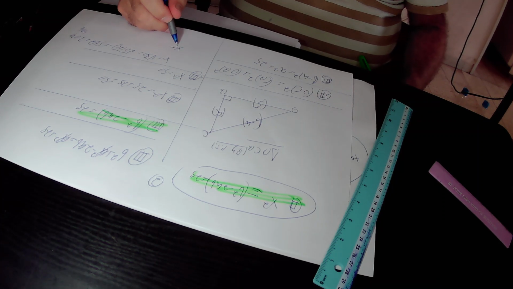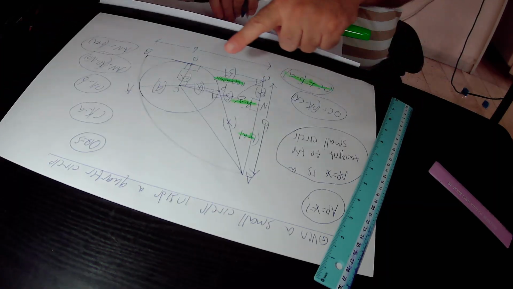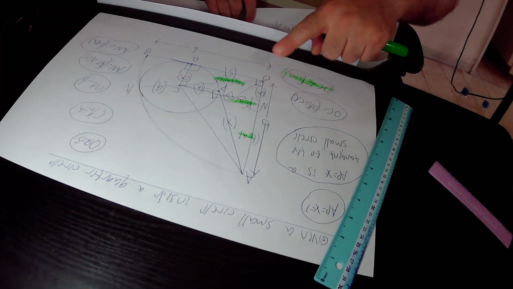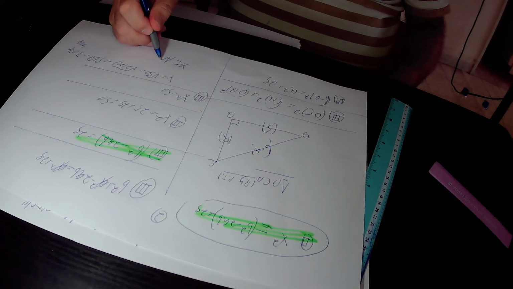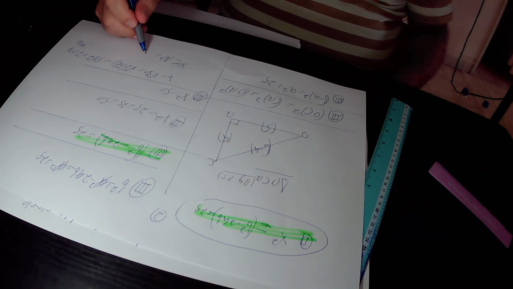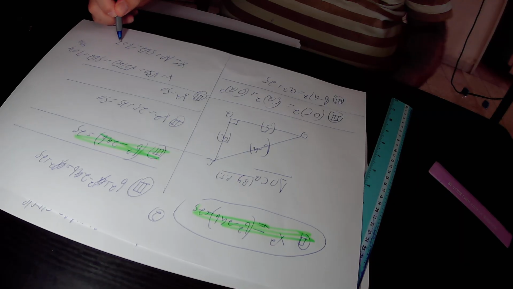So x, that is the length of this tangent AP, is equal to either 5 times the square root of 2 units, or in terms of numbers it is equal to 7.071 units.